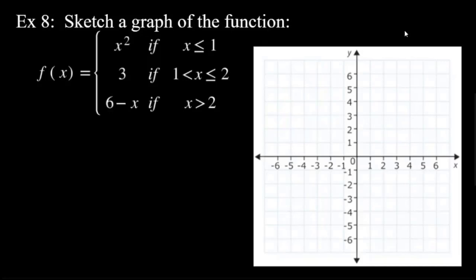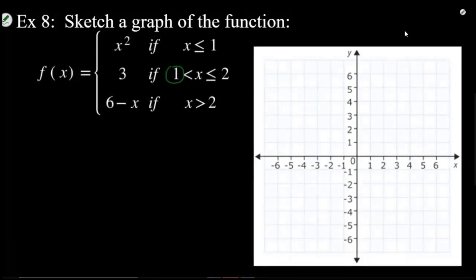Now, I have a way that I like to do this, and I'll just show you that if I can. I really need a 3rd color or a 4th color. Okay, so notice there are some dividing lines in our piecewise function, right? Do we see that this one switches from one function to another at x equals 1?